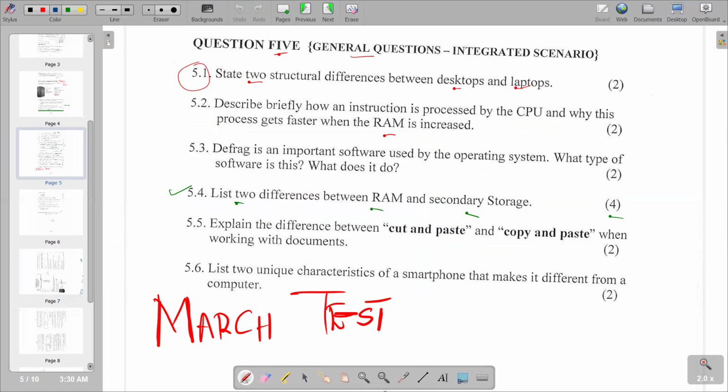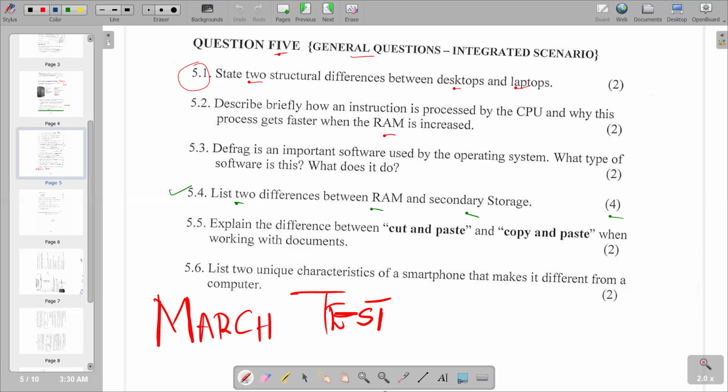Copy and paste is when a copy of the selected text is stored on the clipboard and then copied onto another location. So there is more than one occurrence of the item in the document.